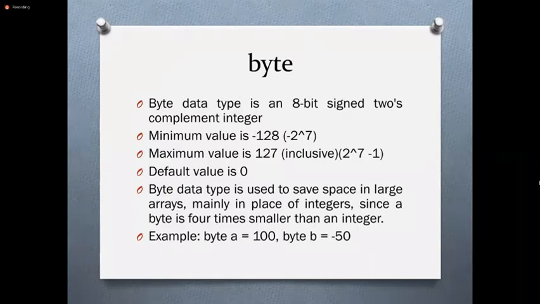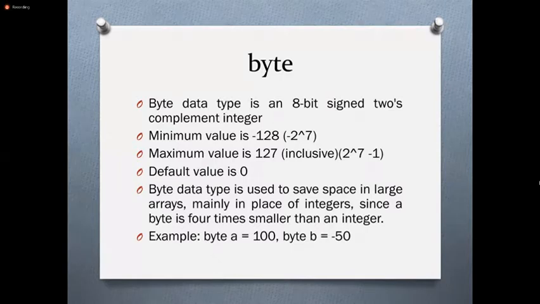The byte data type is an 8-bit signed two's complement integer. The size of the byte data type is 8 bits. Then there are minimum and maximum values which you can store using byte. Minimum value is -128, maximum value is 127.